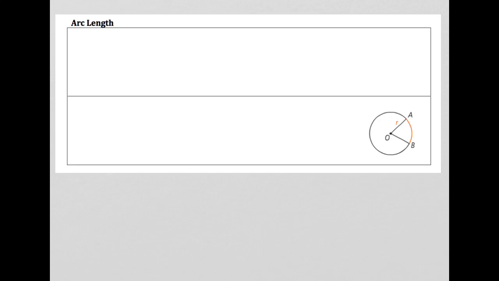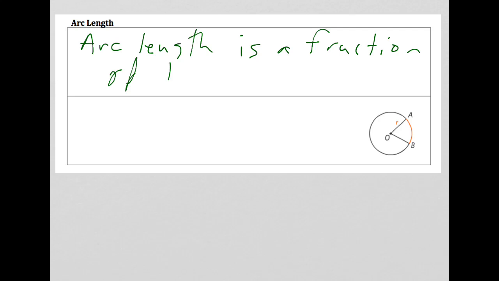So arc length is a fraction of the circumference. Okay, so on this drawing right here, I'm not trying to figure out the measure anymore, I'm trying to figure out the length of AB.